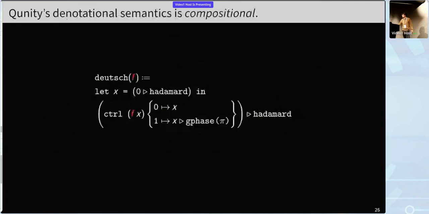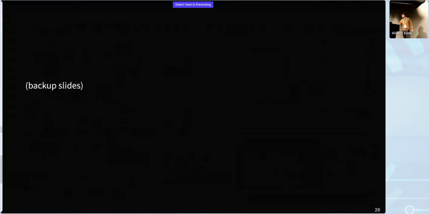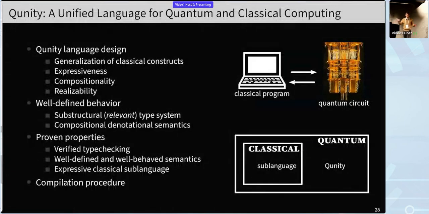We have this classical sublanguage, but there's also a reversible sublanguage. The type system has a reversible subtype. And so for these reversible programs, the semantics will be an operator, and the more general class of programs will have semantics of a superoperator, like a CPTP map.